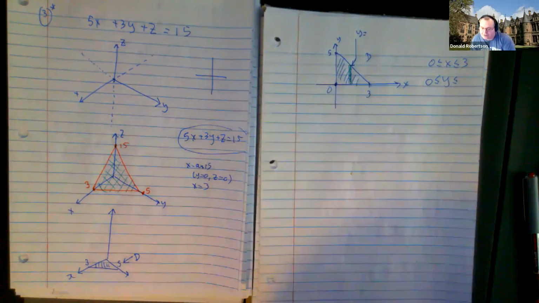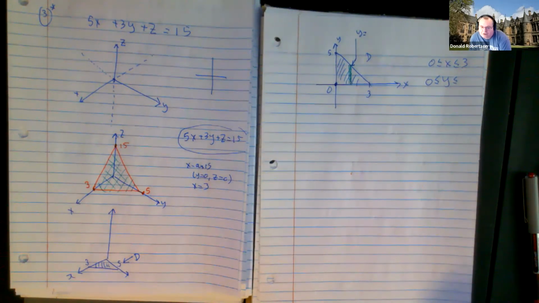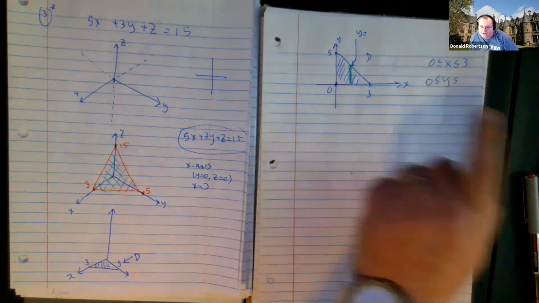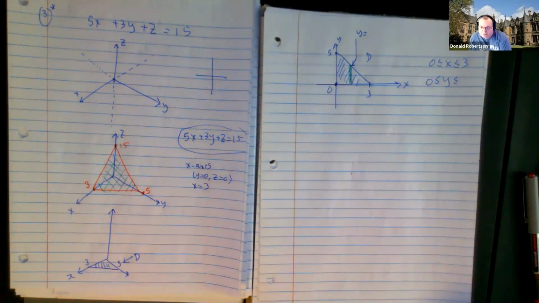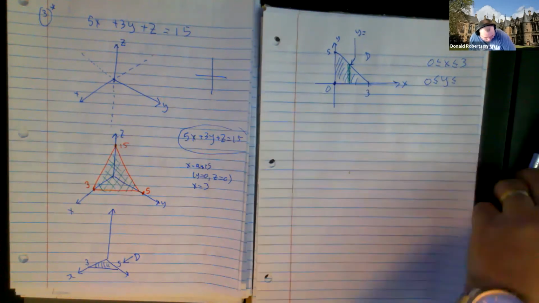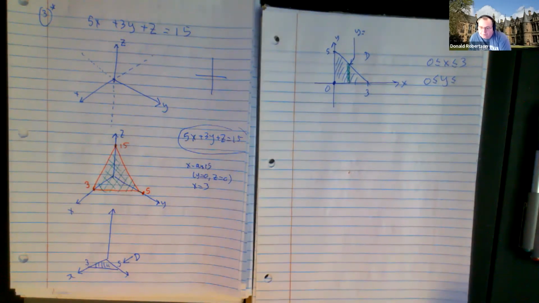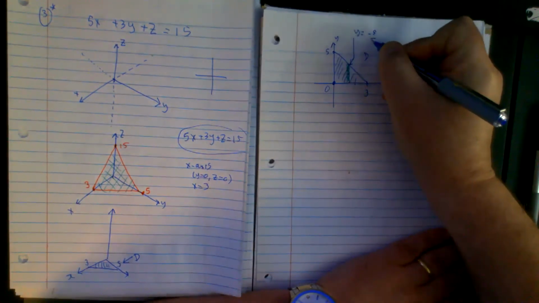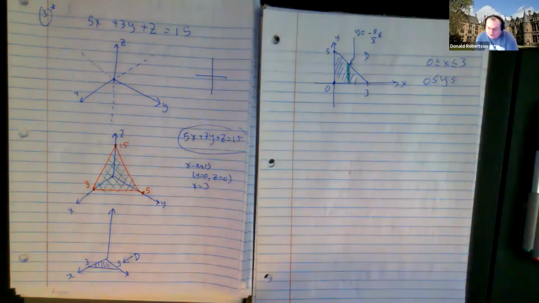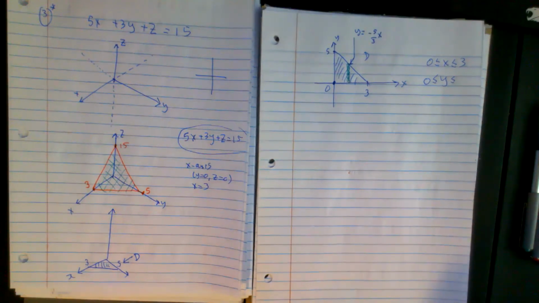What's the slope of this line, just using rise over run? It's -5/3. Agreed. So won't the equation be, at least to start with, -5/3 x?